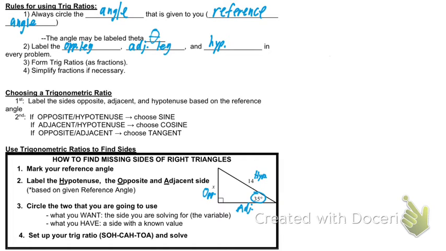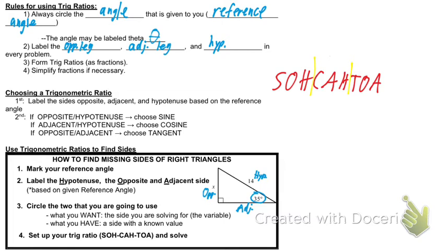So according to this, which one involves both the opposite and hypotenuse? Sine, cosine, or tangent? Sine. Now that also goes back to SOHCAHTOA. So I'll write down SOHCAHTOA over here. If we look at this, knowing that there's going to be kind of this divide between every three letters, opposite, hypotenuse, O and H. Which one of these three groups involves both O and H?